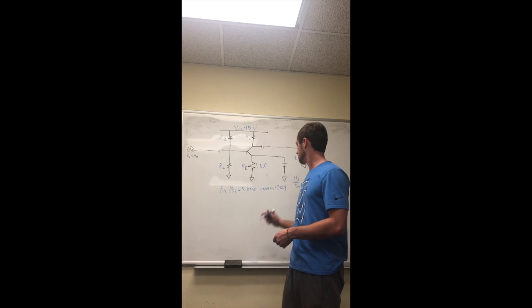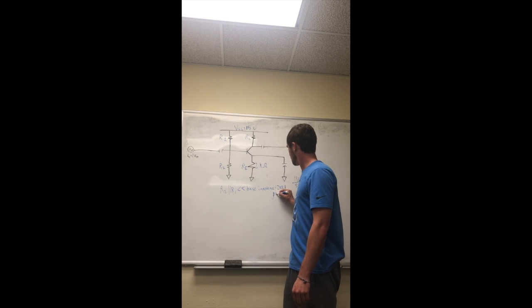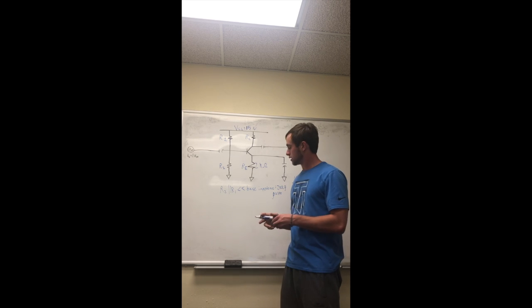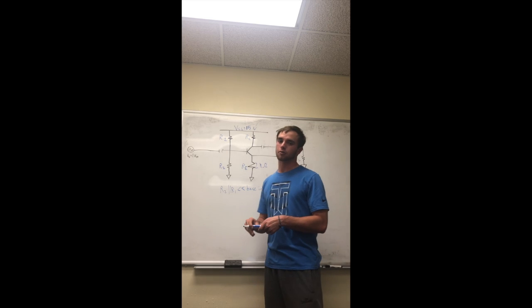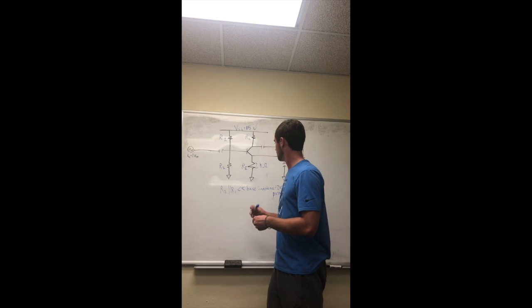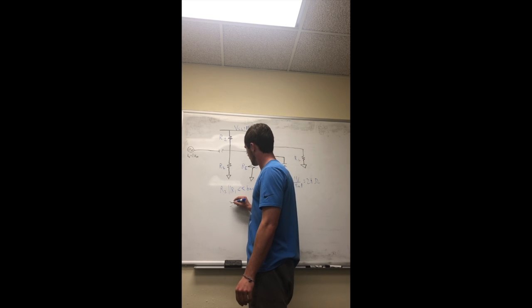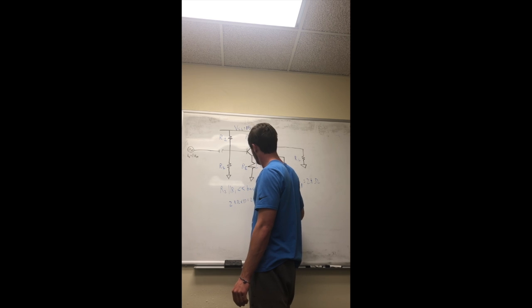And beta, we assume, equals 100. So since this has to be much less than 2 kilo ohms times 100, we're going to take 1/10 as a safe rule. So we're going to do 2 kilo ohms times 10, and that equals 20 kilo ohms. And that's going to be our R2 value.